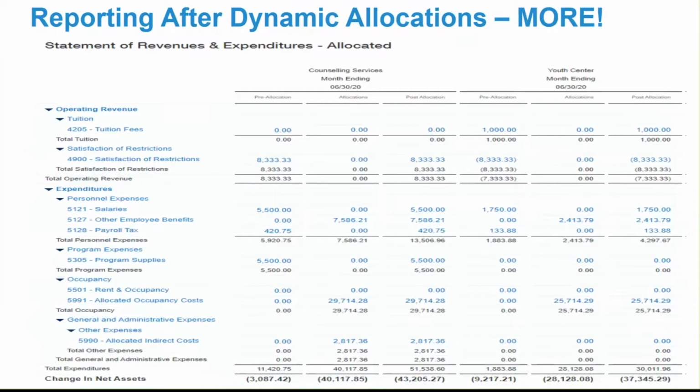So what is my after-allocations profit or loss for my department, for my project, for my location, whatever dimension you want to use. You can see in this case that the allocations actually added $40,000 to the loss, because this department was consuming all these other resources that previously were totally out of the picture. So it gave you a very misleading view.